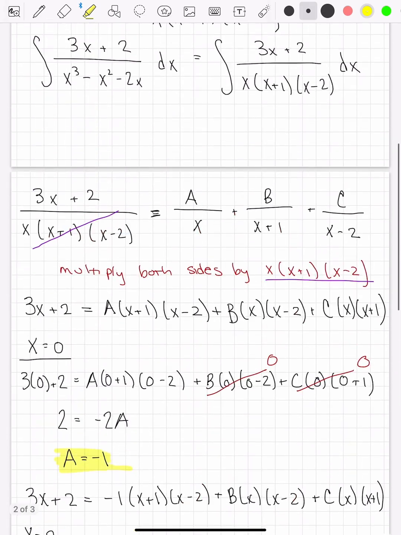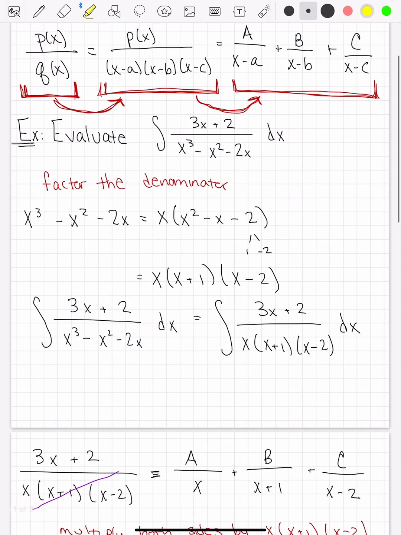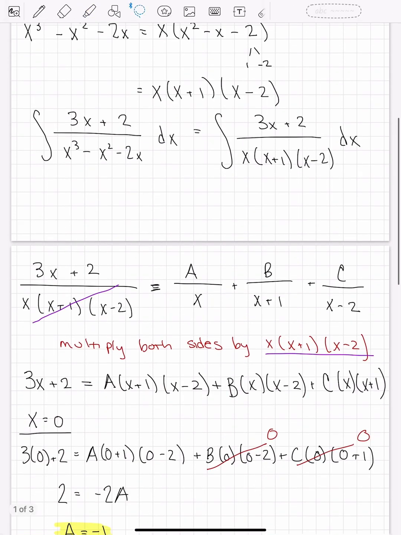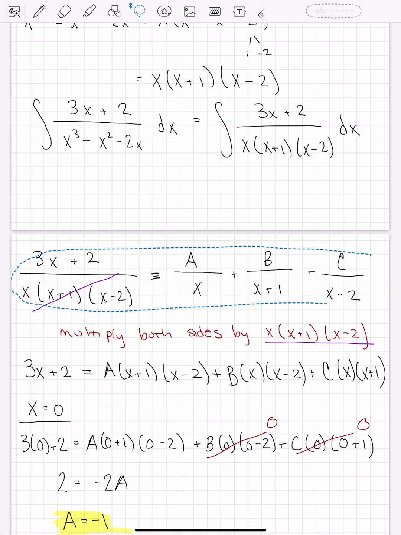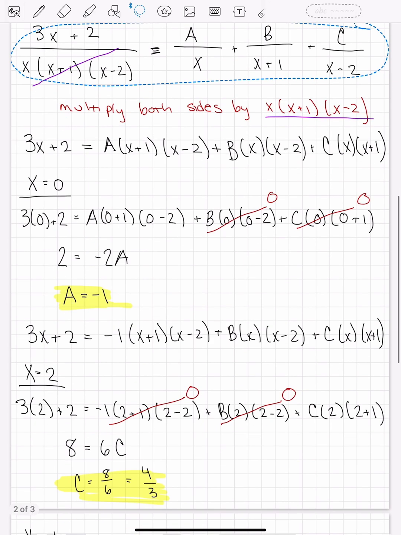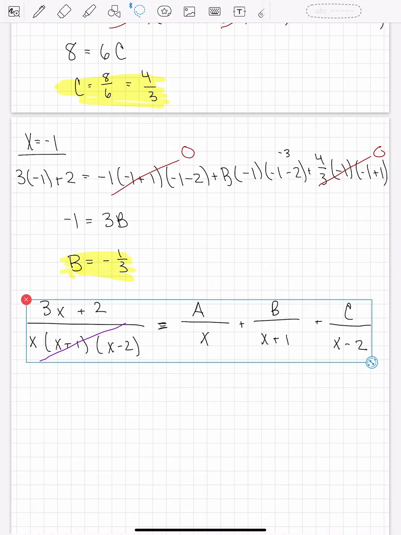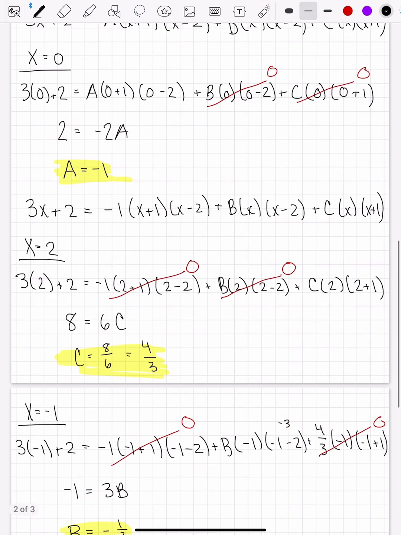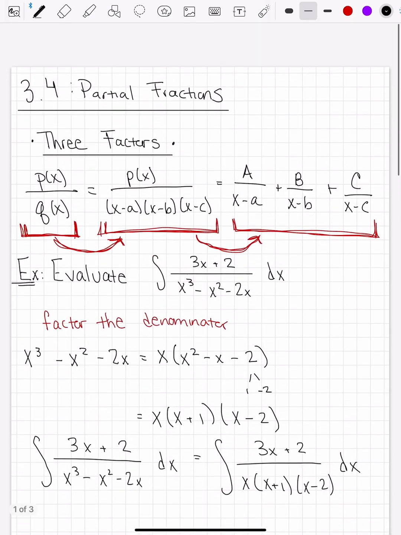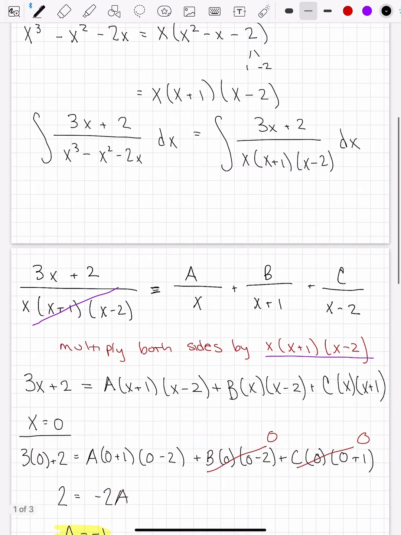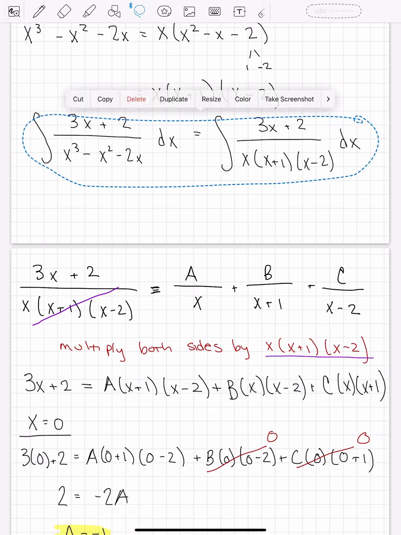Right, so recall what we had was our equation set up like this. Alright, so now we know a, b, and c, so we can set up our integral using a, b, and c. So remember, our integral up to this point was this right here.